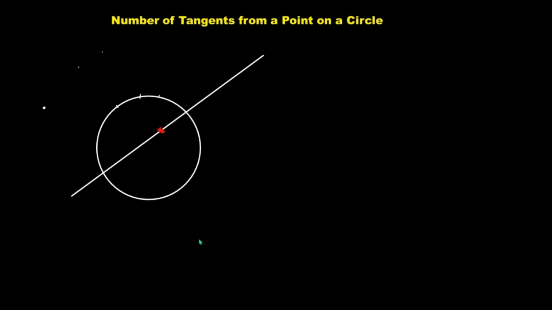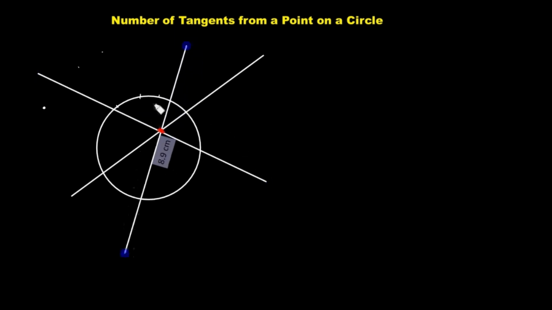If it's touching 2 points, it becomes a secant line, not a tangent. If you draw any line in any direction going through that point, it touches the circle at 2 different places, here and here. That means it's forming a secant line, not a tangent.